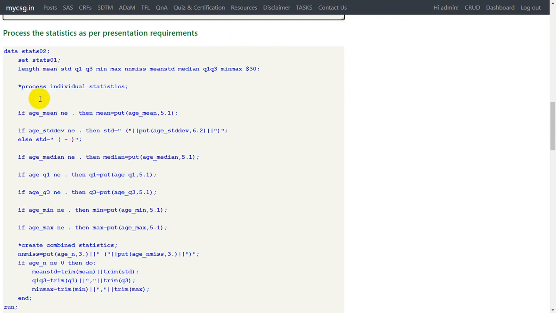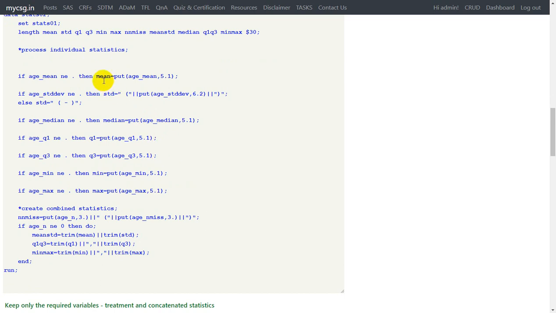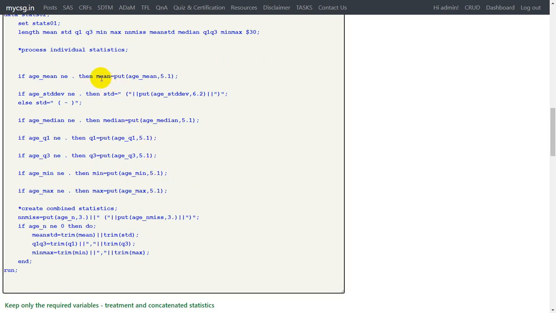So we were processing all the statistics with the required concatenation. We were supposed to concatenate n and n miss. So in order for the concatenations to happen, what we are trying to do here is create those individual statistics in character values, because we cannot concatenate two statistics when they are in numeric format.